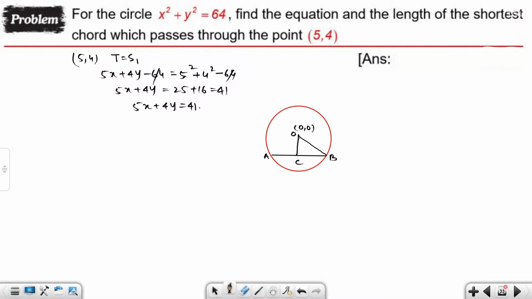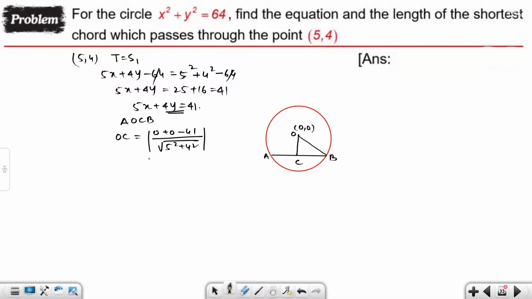So for that, I am taking this right angle triangle OCB. Now, first thing is that what is the perpendicular distance OC? This is the equation of the line. So the perpendicular distance from the origin will be divided by root over 5 square plus 4 square, correct? Is it clear?